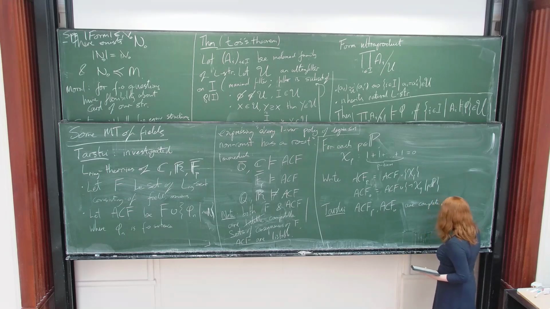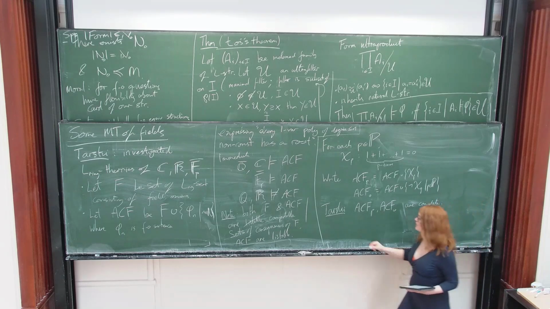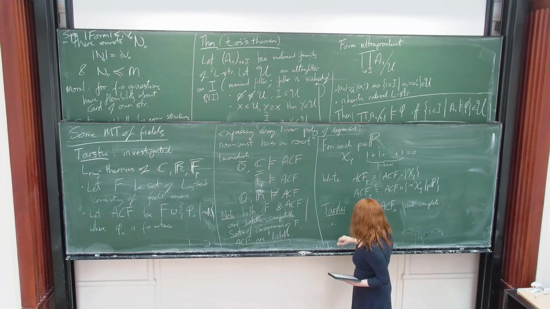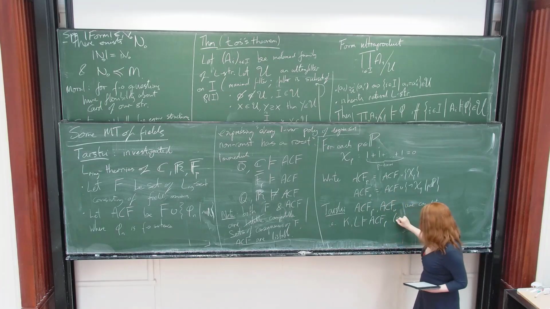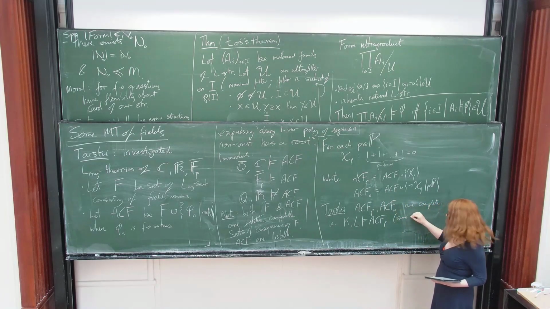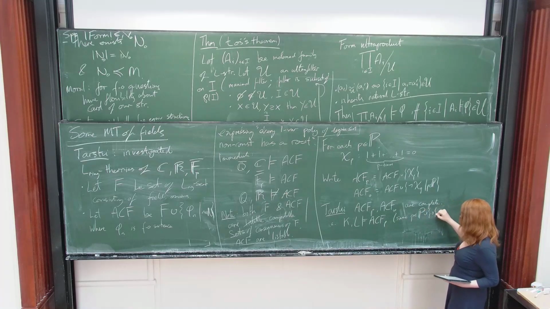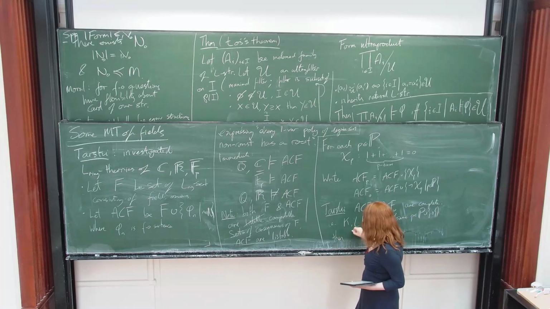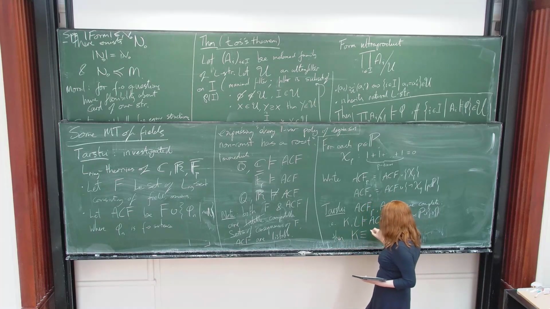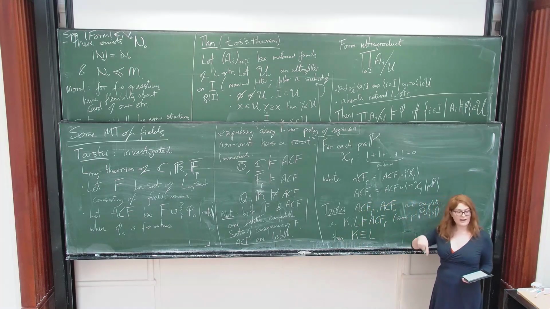Let me just highlight what that means. That means, i.e., if K and L both model ACF_p, and I really want to highlight that this is for the same p, which I temporarily allow to be 0, then K and L are elementarily equivalent, have the same theory.